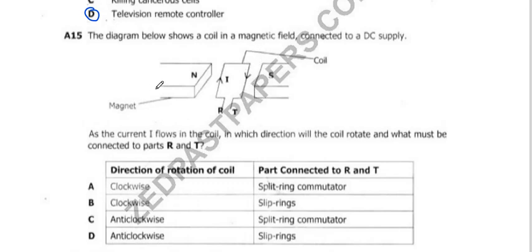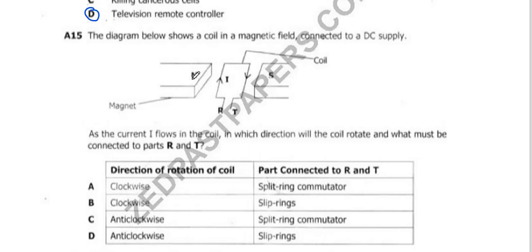That's the coil, and that's a magnet. As the current I flows in the coil, in which direction will the coil rotate, and what must be connected to parts R and T?